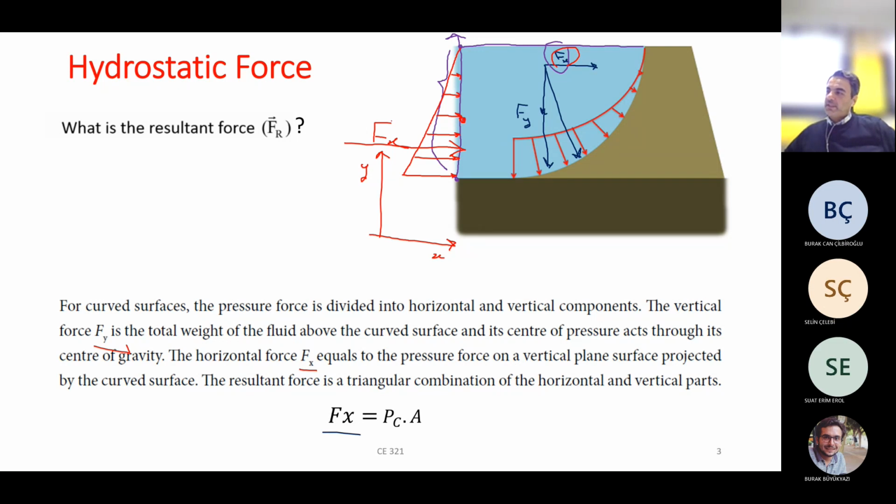Therefore, Fx can easily be calculated using Pc times area, which is the area of this vertical projection of the curve. If the height or depth of water is h, the area will be h times the width of the dam, which is perpendicular to your monitor.